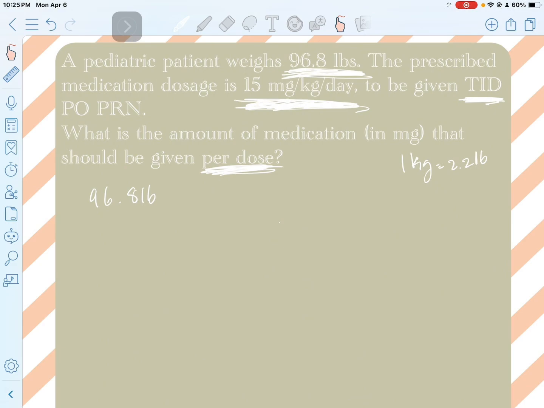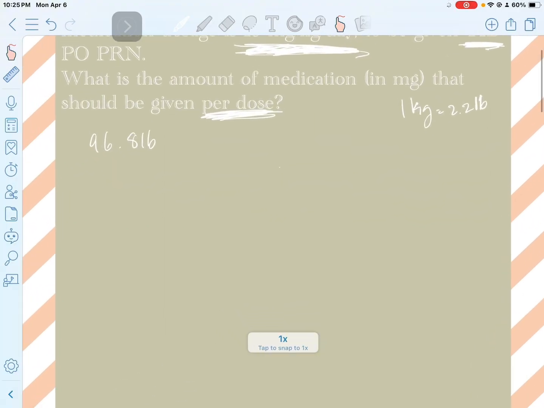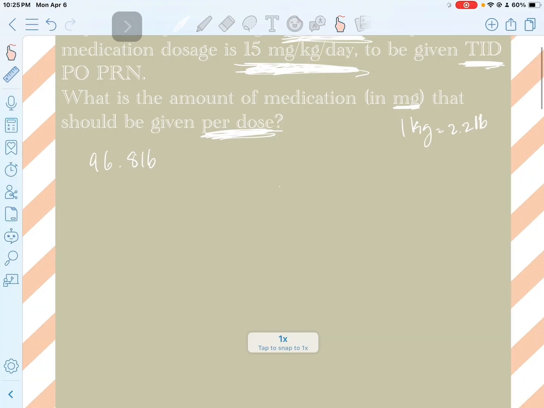Okay, now we have the weight of the pediatric patient and we have the conversion factor. How are we going to bring this all together so that we can get what we want, which is the mg? So we're going to do 1 kilogram over 2.2 pounds because they equal each other. 1 kilogram is the same thing as 2.2 pounds.